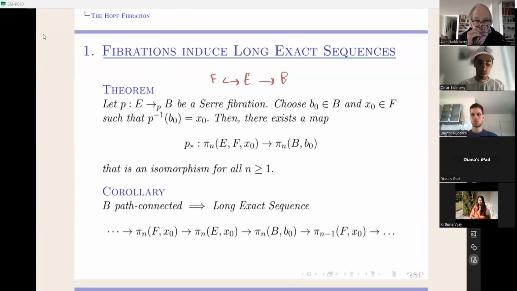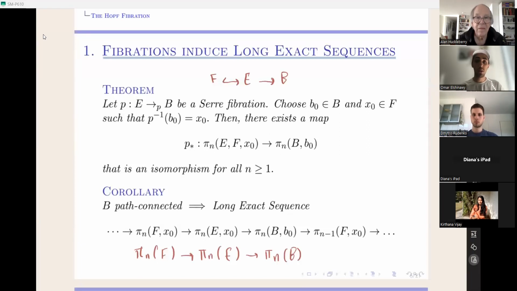But yeah. So we have this fibration, and then in this exact same manner, it's like you just apply pi n from both sides. Of course, this is not what happens, but similar to it. You apply pi n of F, and then pi n of E, and then pi n of B, and so on.